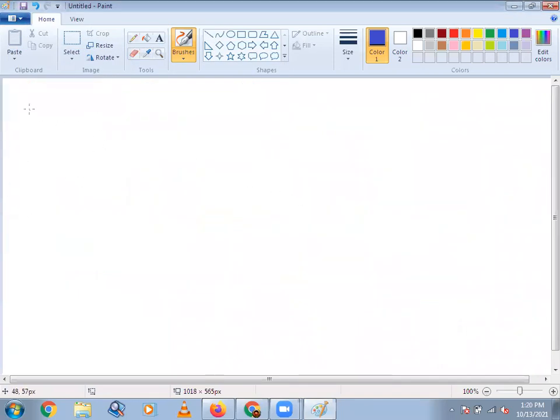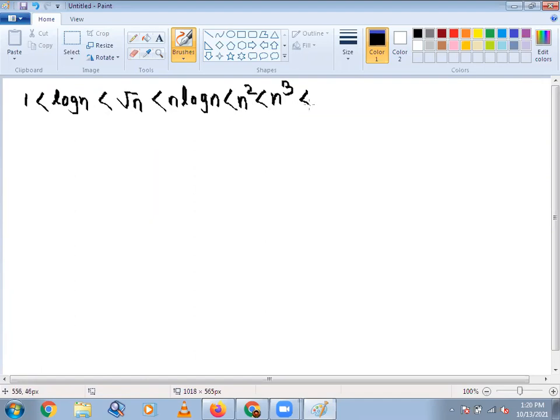I will write the same equation here. 1 is less than log n is less than root n is less than n log n is less than n square is less than n cube is less than 2 raised to n is less than 3 raised to n is less than n raised to n. This is the general equation.